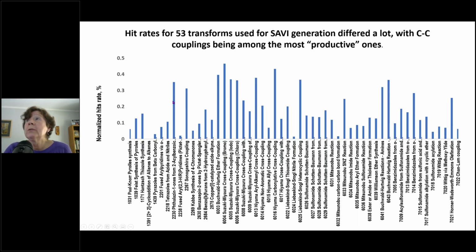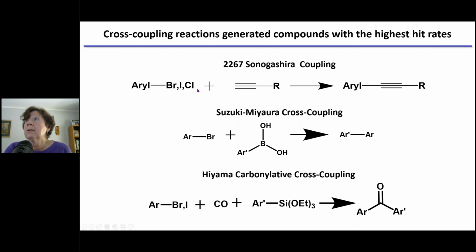The transforms that produced the most hits were CC coupling reactions. That includes Heck coupling, Suzuki-Miyaura cross coupling, and Hiyama carbonyl-active cross coupling. So this is again something to take note of for the generation of future databases and increasing the number of building blocks. Definitely we need more borates and silanes in order to use these chemistries.